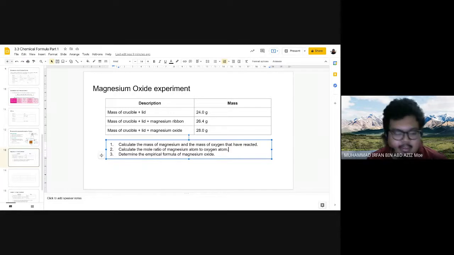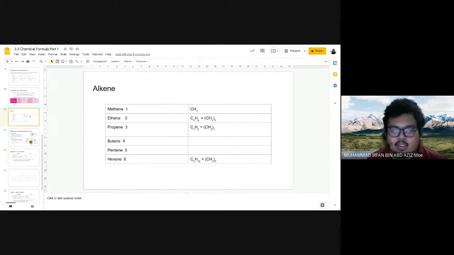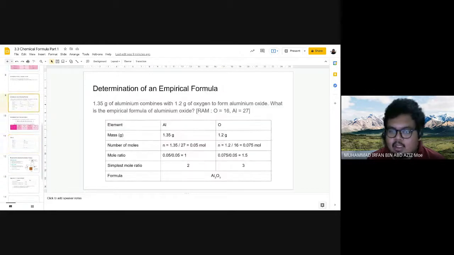Oxygen 16, magnesium probably berapa? Magnesium boleh cari je kat periodic table. And then continue, you dapat lah the mole ratio and finally you can get the simplest mole ratio and then boleh dapat formula. You need to do this exercise.